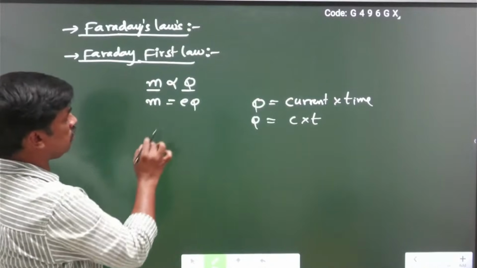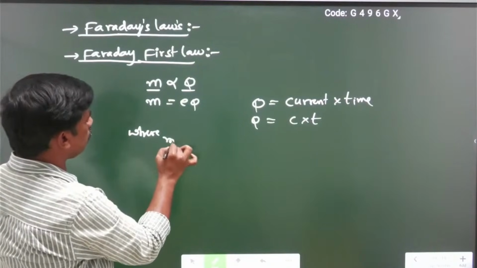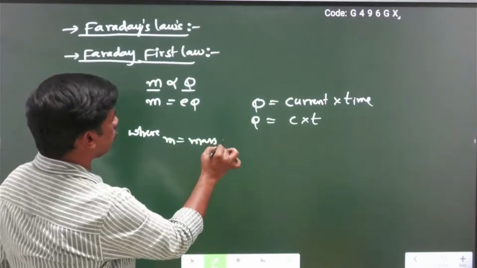Here m equals E C T, where m is the mass of substance.